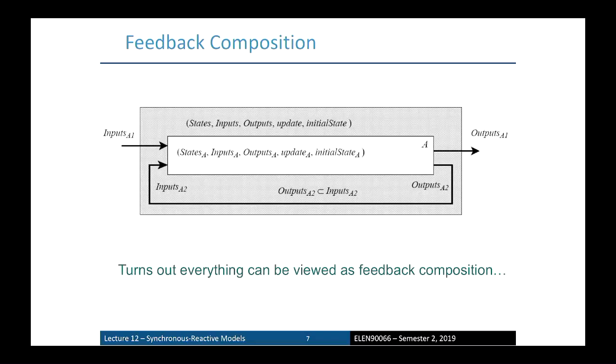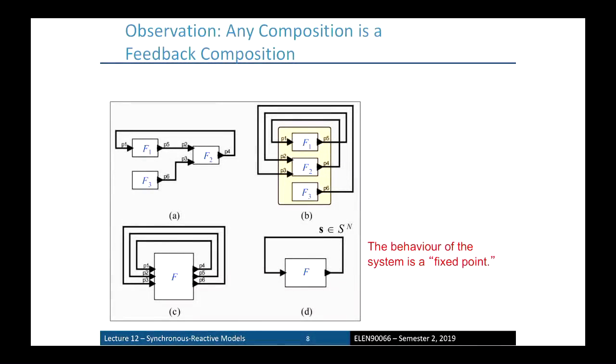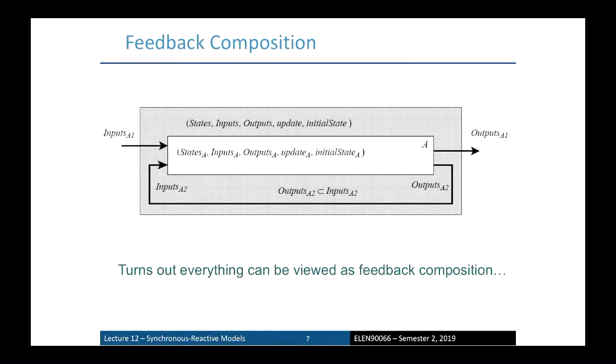We'll define what work means, but that it will behave properly. It turns out, funnily enough, that any non-trivial composition is a feedback composition. That's kind of a bummer, because we thought that this was a special case, that it's only when you get feedback like this that you have to start thinking about timing in particular.